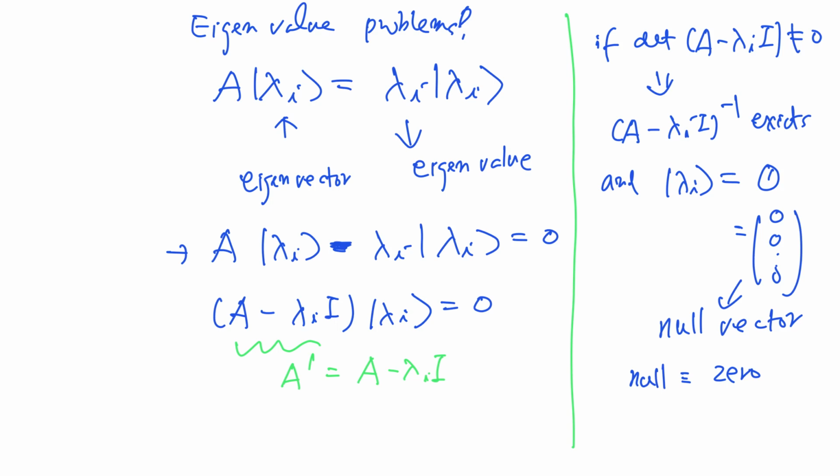So null means zero. But if the only possible solution is the zero null vector, then it's not very interesting, right? So this is called the trivial solution. Not very interesting, not very exciting.